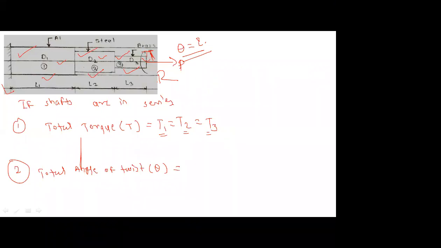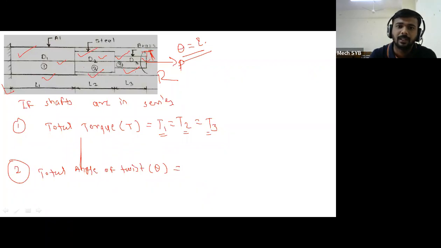One end is fixed, another end free. Different. If you see, initially the T amount of torque is applied on the brass shaft and it is free end, means at the brass shaft, but this brass is connected to the steel, and the steel is connected to the aluminum.